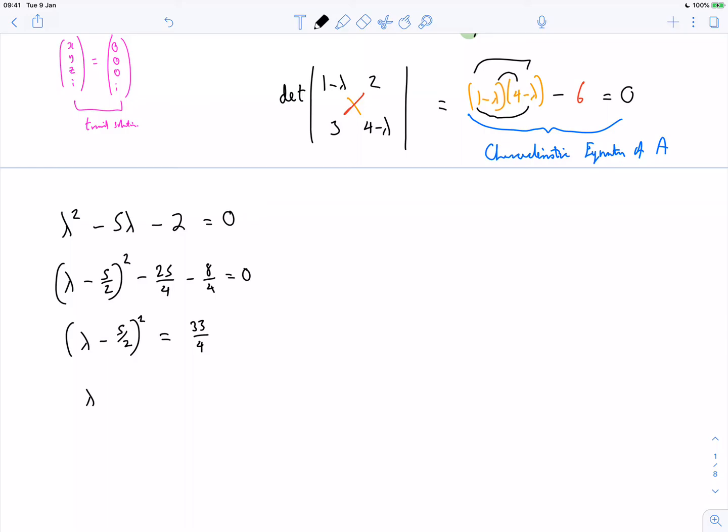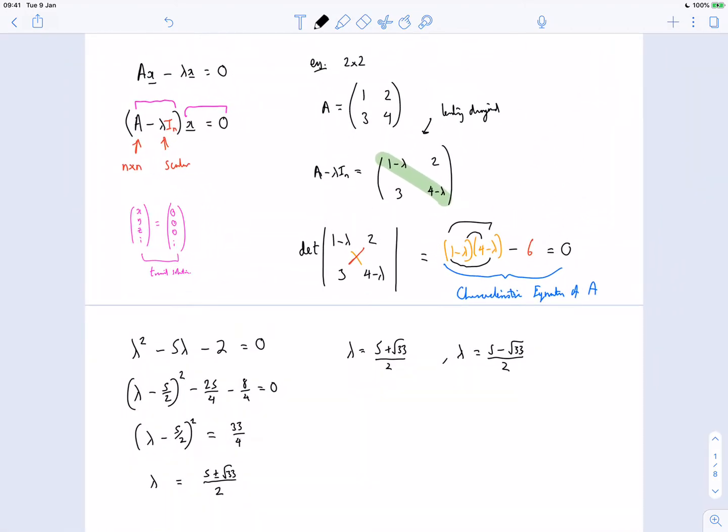Square root both sides: lambda equals 5/2 plus or minus root 33 over 2. Okay, and now what we've actually got is two lambda values. We've got lambda equals (5 + root 33)/2, and lambda equals (5 - root 33)/2.